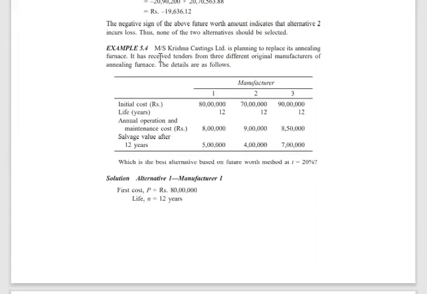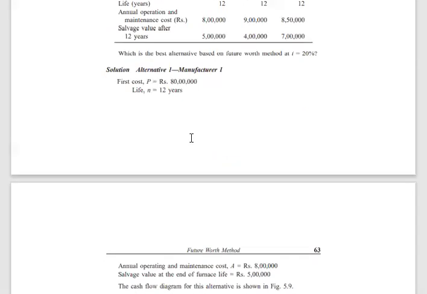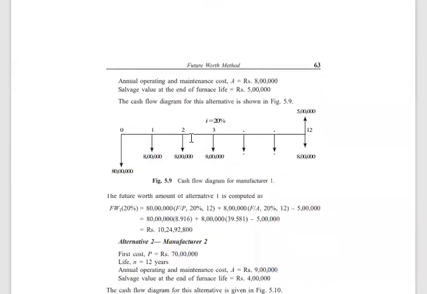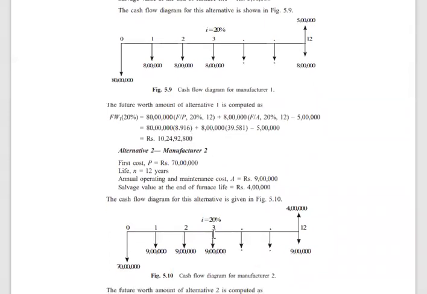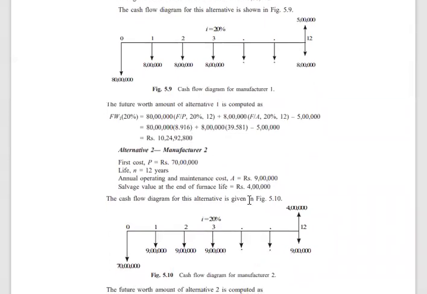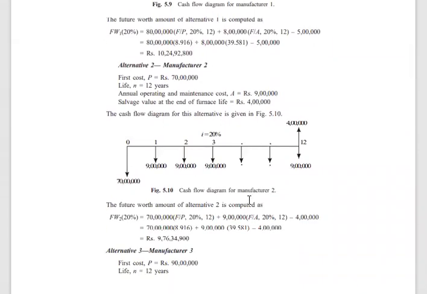Here you just try to work out this 5.4. Here they have given the salvage value after 12 years, so you can try to work out this particular problem, including the salvage value.